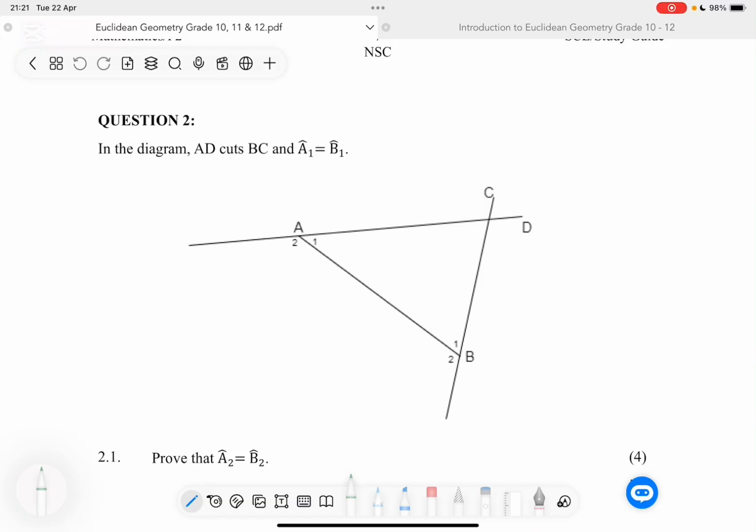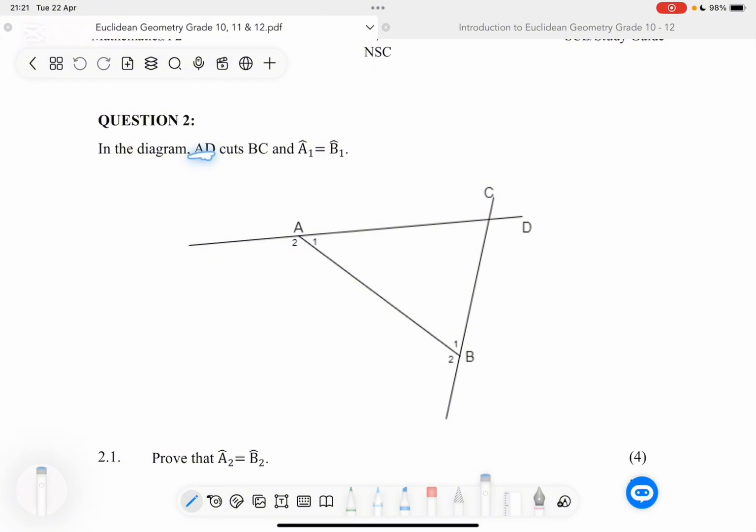Question 2 says that in the diagram, AD cuts BC and angle A1 is equal to angle B2. Now remember that when we have two letters like AD, it means it's a straight line.